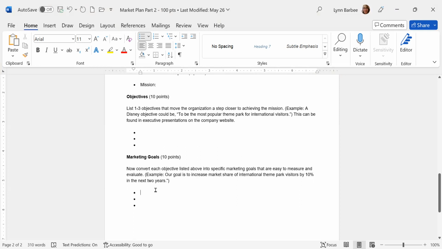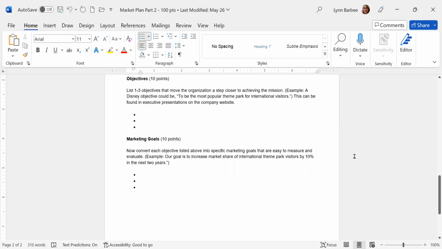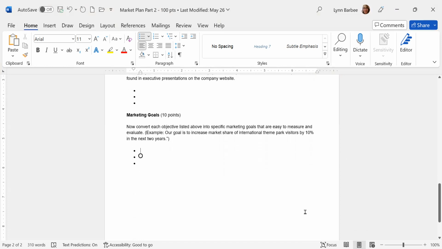Now notice it has to be specific, measurable, achievable, realistic, and time bound. That is a SMART goal. Notice our goal is to increase market share of the international theme park by 10% in the next 2 years. You could actually measure it if you keep track of your customers, the park visitors, for example.